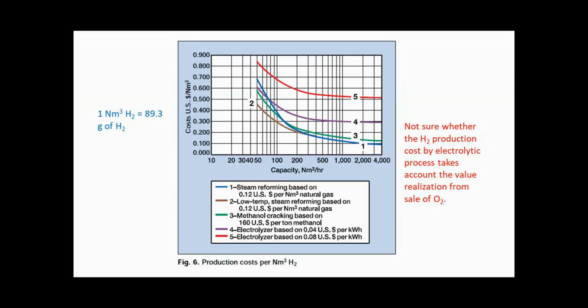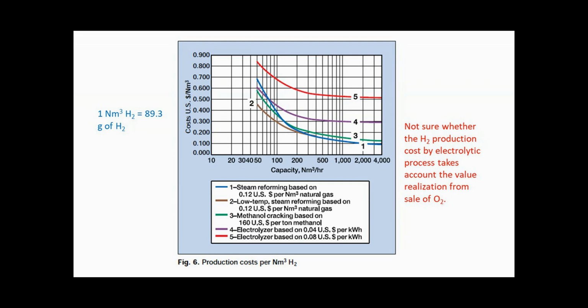Now that we have covered both hydrogen production by steam reforming and also through the process of alkaline electrolysis, one can do a comparison of the costing of the two processes, and what you will see from this slide is that the costs are substantially higher for electrolysis as compared to steam reforming.